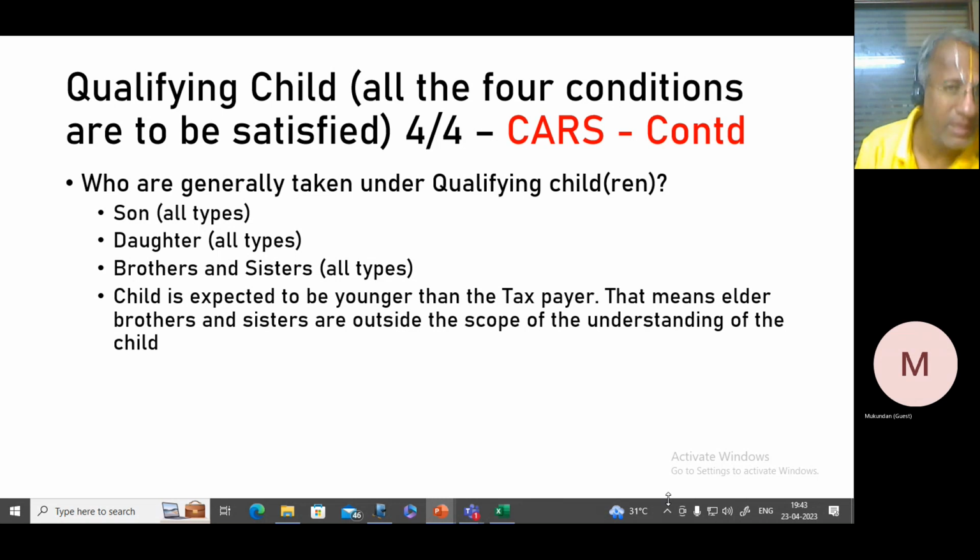Relative to the taxpayer, these people who are considered as qualifying child should be younger than the taxpayer. In no case can you have the qualifying child being elder to the taxpayer. So that means elder brothers and sisters are outside the scope of the understanding of the child. This may not be stated explicitly, but we have got to understand. Sometimes they may ask some questions, so you have got to be a little alert.